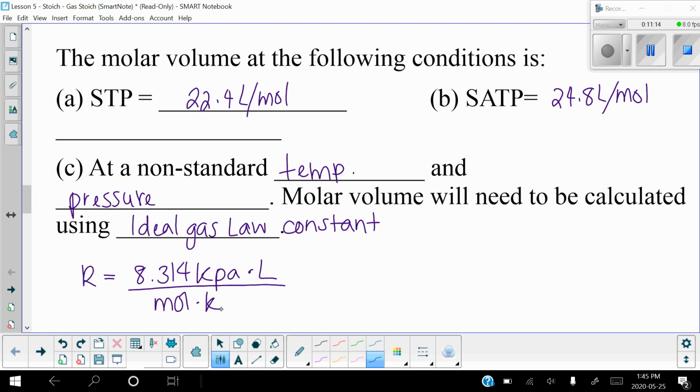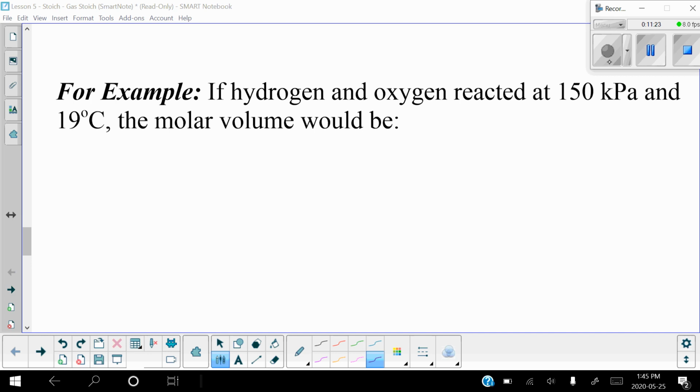Okay, we will use this and perform unit analysis to find our molar volume if we have a non-standard temperature and pressure. Let's do an example.